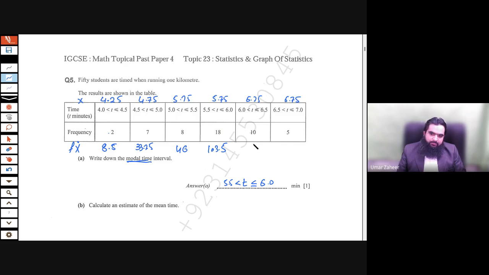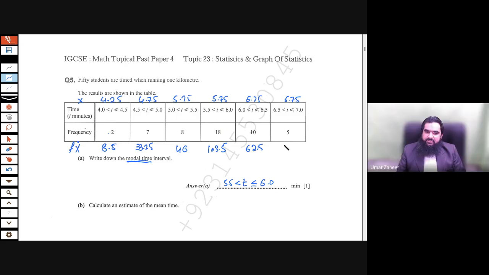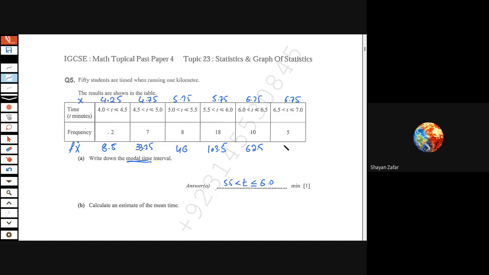Yes, next it will be 62.5. And then the last one, 33.75.